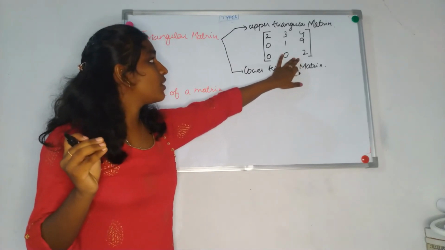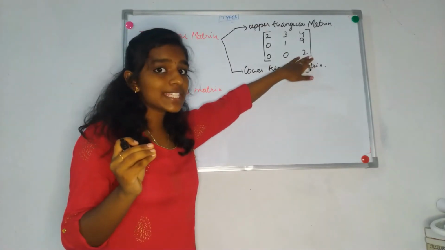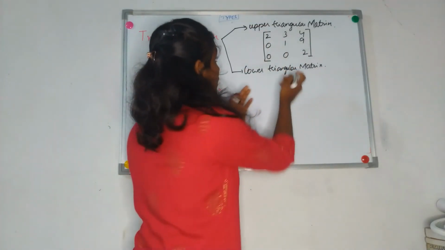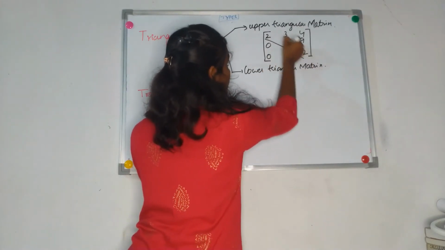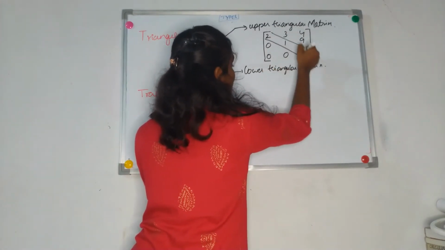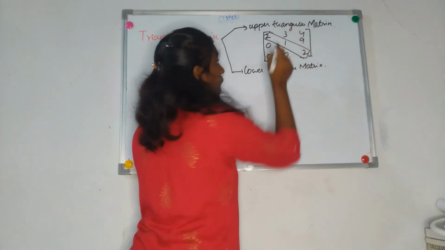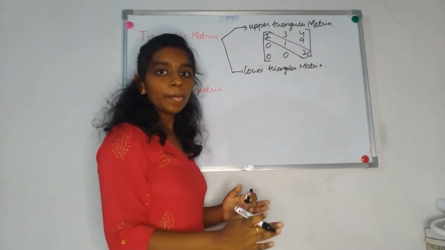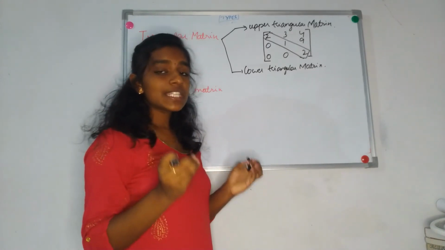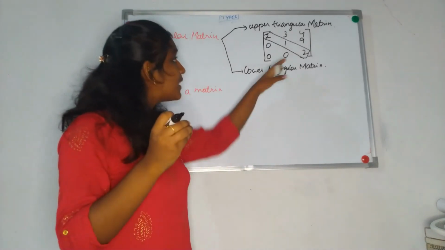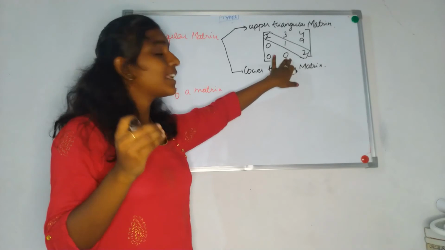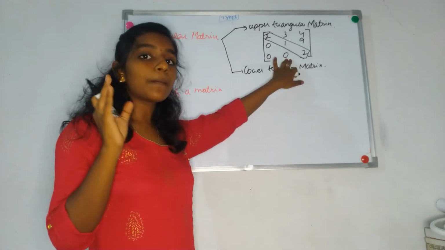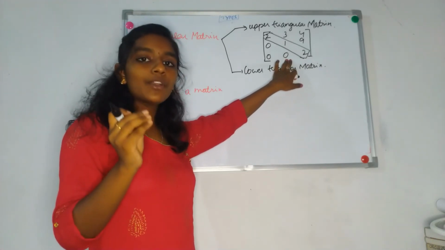In upper triangular matrix we take a square matrix where this is the principal diagonal. So all the elements below the diagonal are 0. A square matrix in which all the elements below the principal diagonal are 0 is known as an upper triangular matrix. Have you got the point?